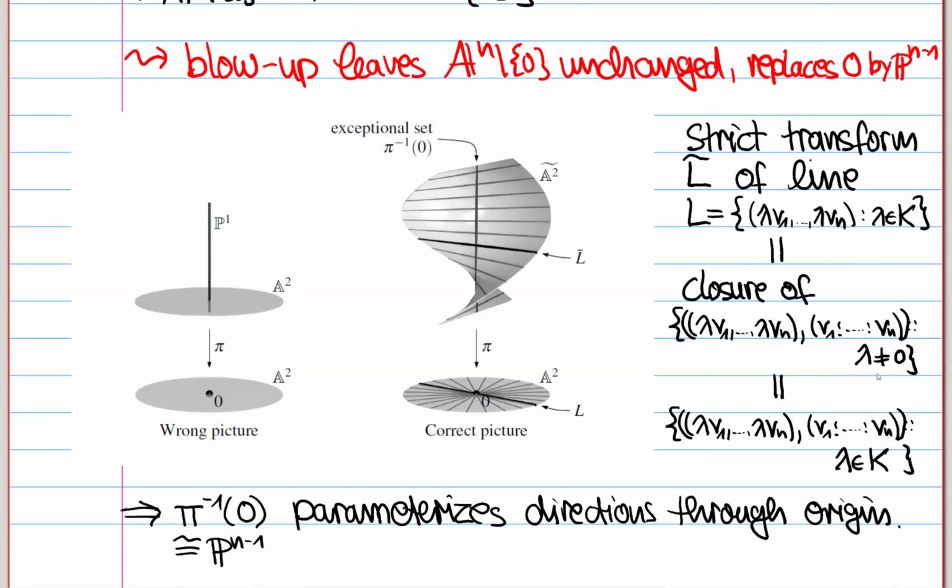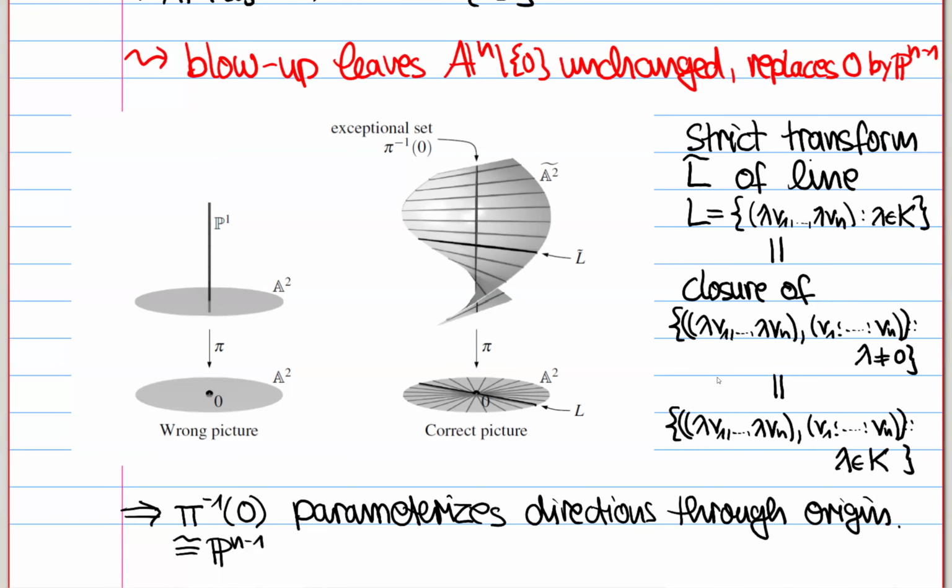And then we go into this product A^n × P^(n-1). And if you recall, the graph then just takes this here, and because the functions are very easy, it's just the map which sends (x1, ..., xn) to (x1, ..., xn). You just get the element of the projective space P^(n-1) given by this same vector here.